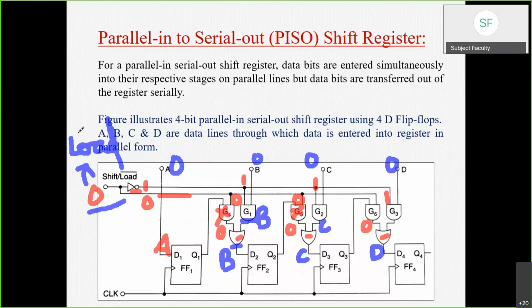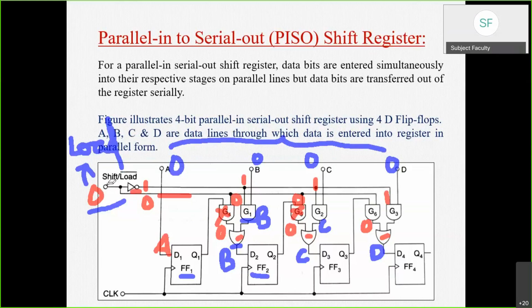Observe the inputs of all these four flip-flops: A is given to D1, B is given to D2, C is given to D3, and D is given to D4. So this 0000 is loaded into the flip-flops. That means you have saved these data bits into the flip-flops. So this is one mode.